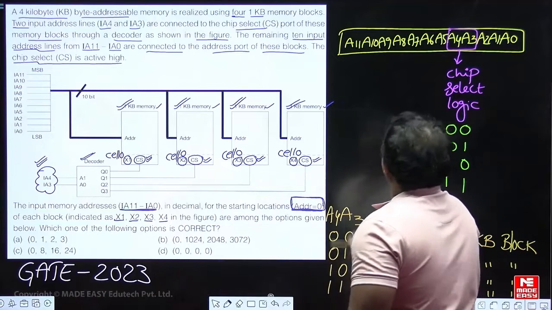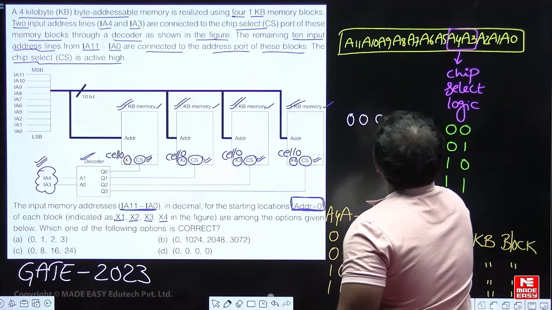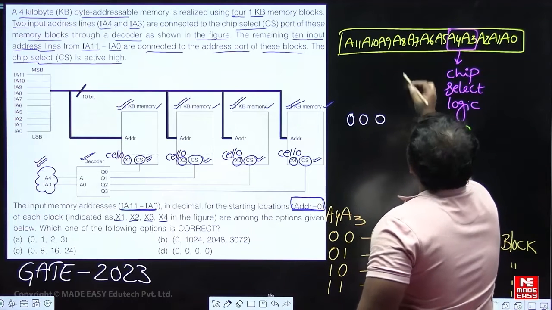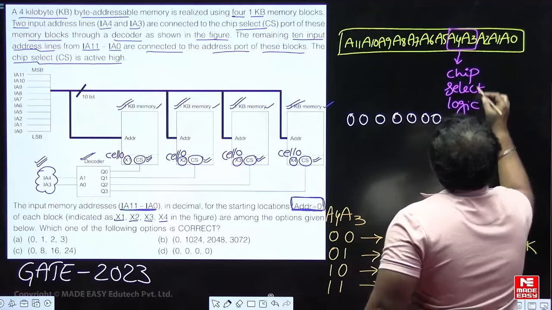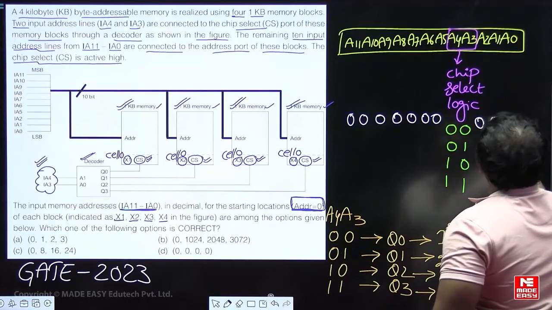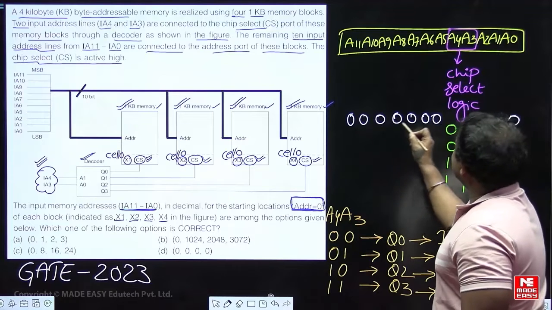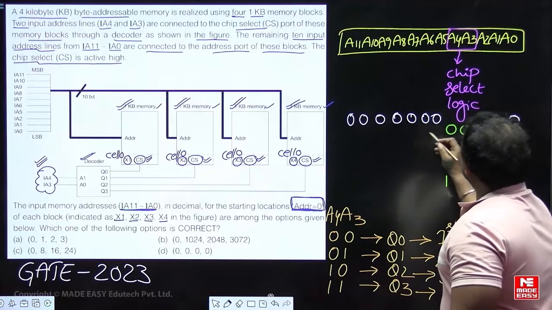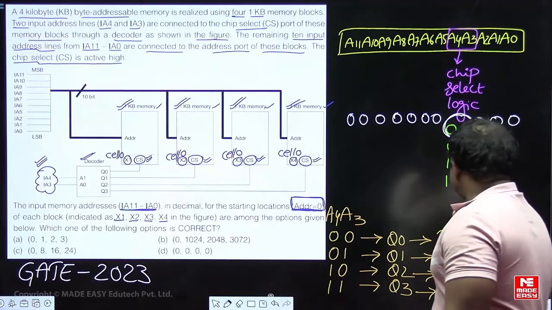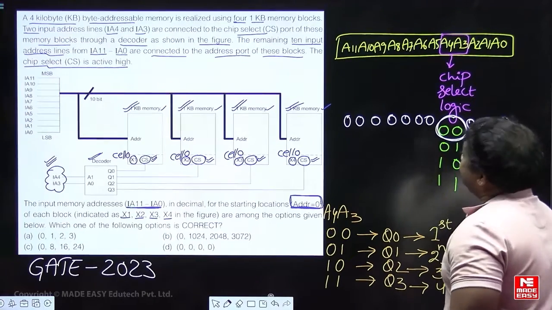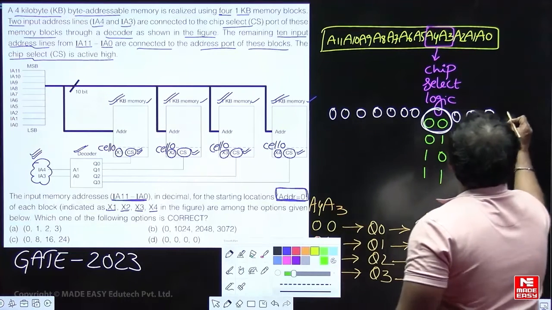Here we are going to take all zeros, 0, 0, 0, again 0, 0, 0, 0, and here also 0, 0, 0. If I take all zeros, this is the starting address. Starting address of what is this? First block. Then what is the decimal address of this? Decimal address of these 12 bits equal to 0.